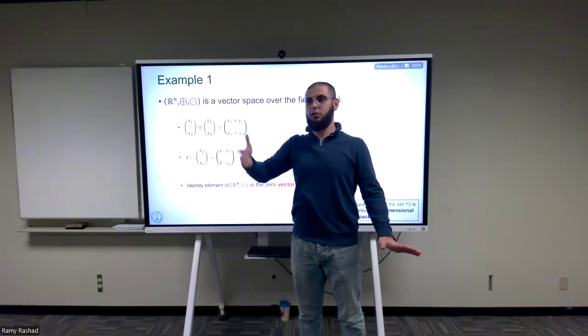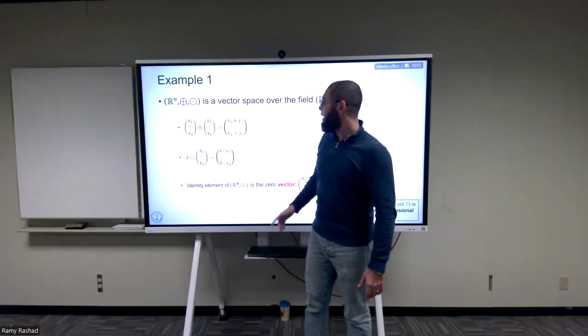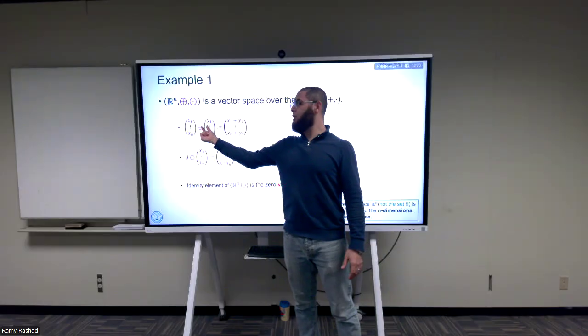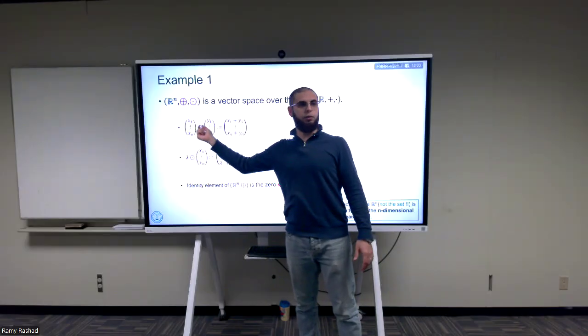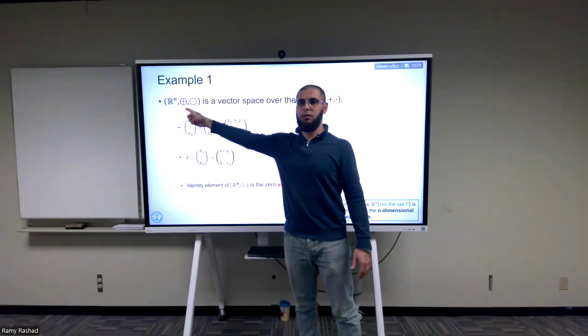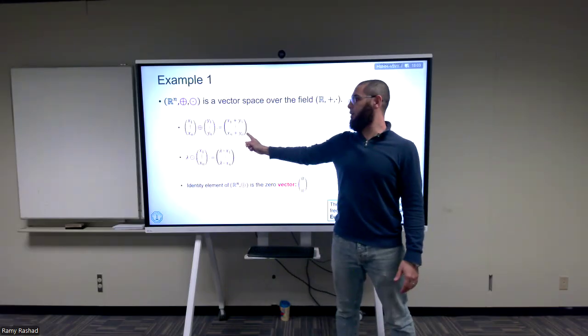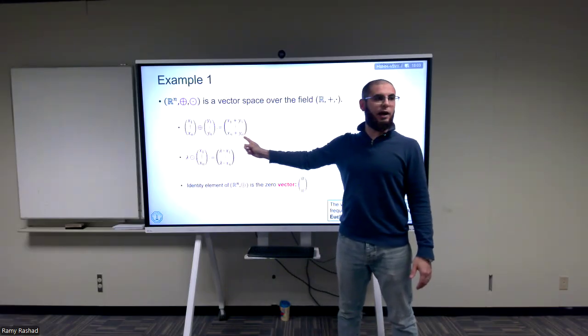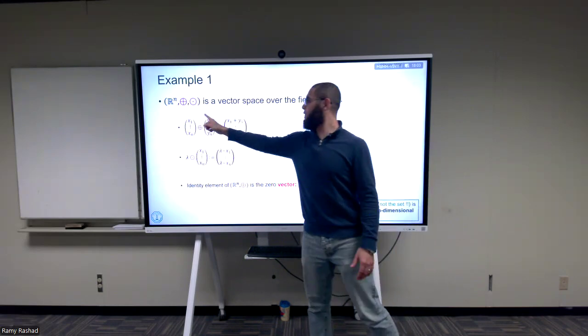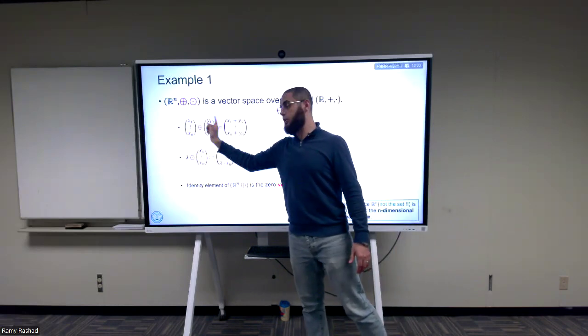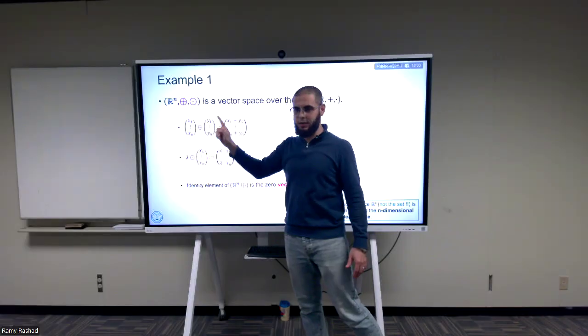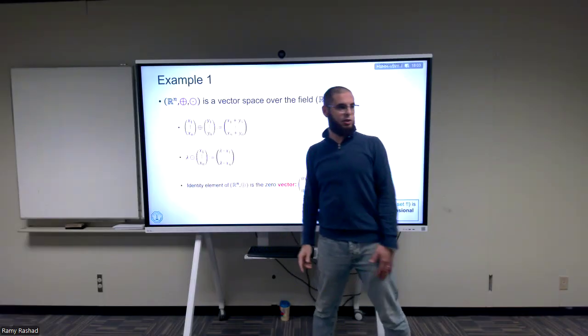It's R times R times R times R, so an n-tuple. Then I define a new operation that takes two elements of Rn and gives me another element in Rn. How is it defined? I just take the first element and add to it the second element: first element plus the first element, ith element plus the ith element, and so on.